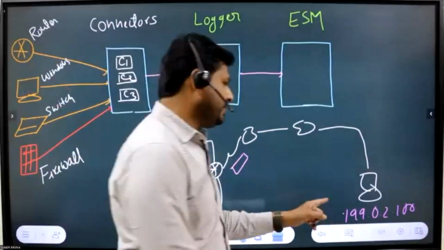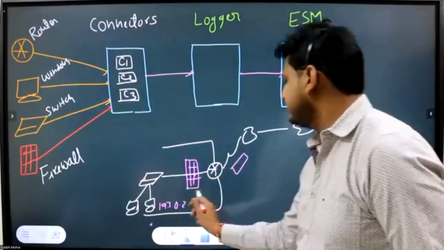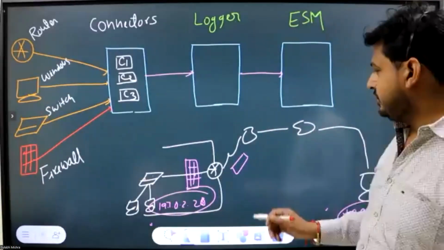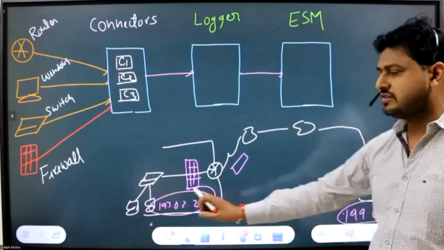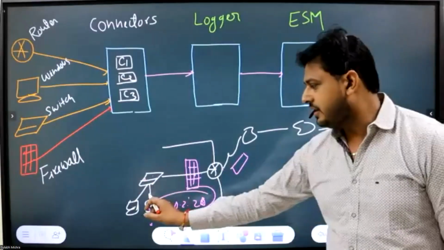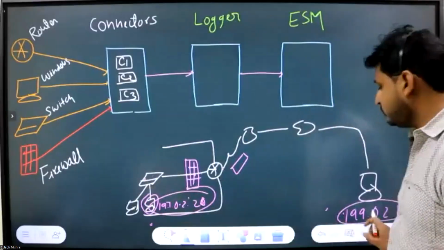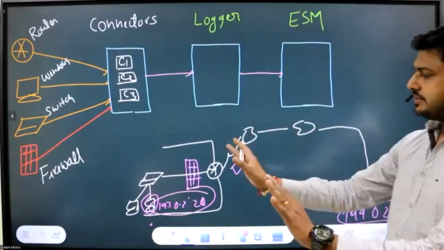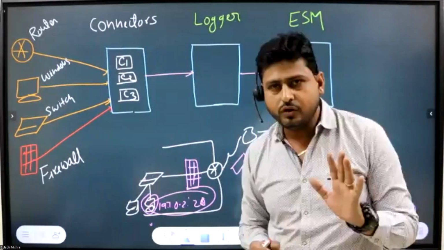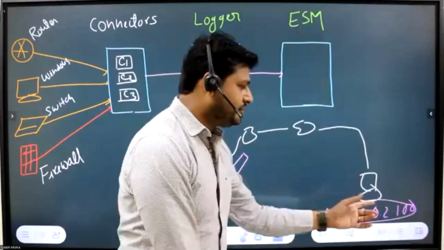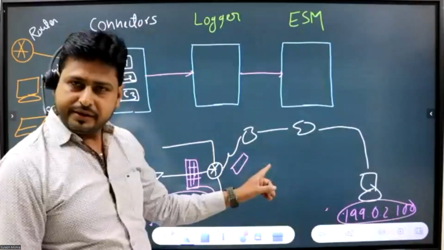The router log shows this source IP and this destination. The firewall log shows the source IP and destination IP, and the switch shows source and destination too. All these devices in the middle record the activities, but the source and destination stay the same for the intermediate devices.